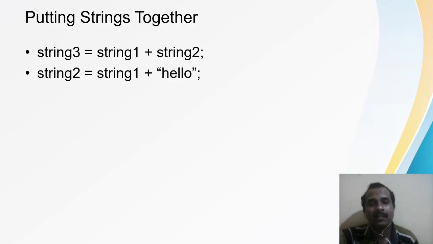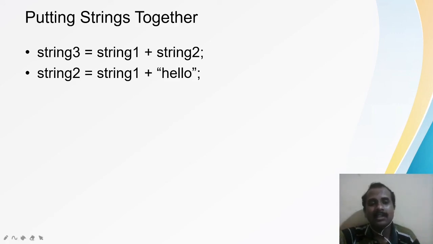Putting strings together. Copying one string to another string cannot be done directly. In the same manner, joining two strings also cannot be done directly. Why?